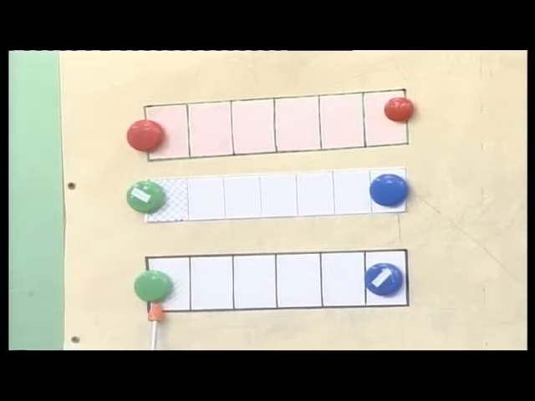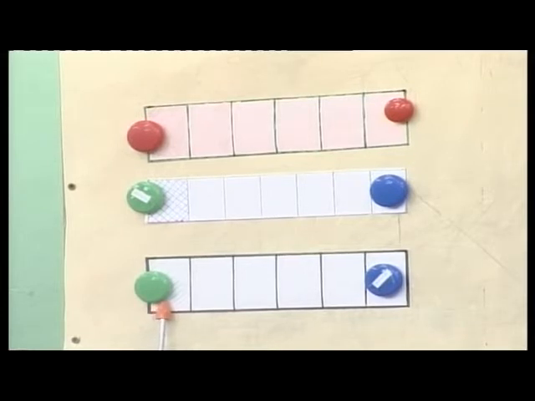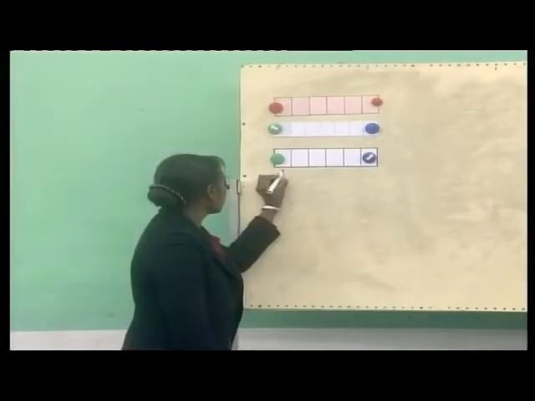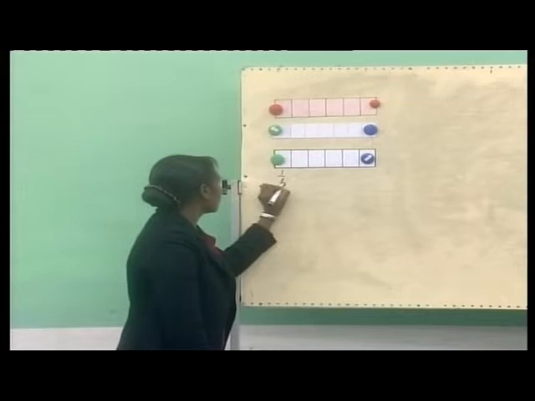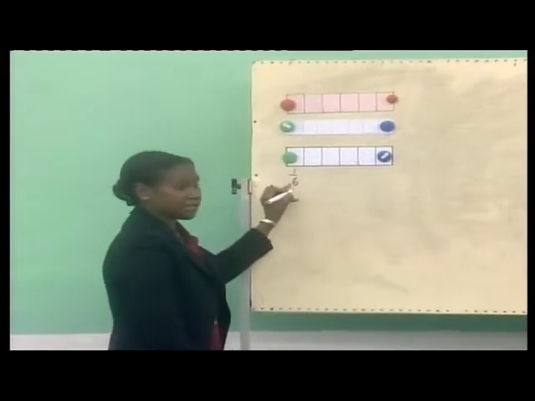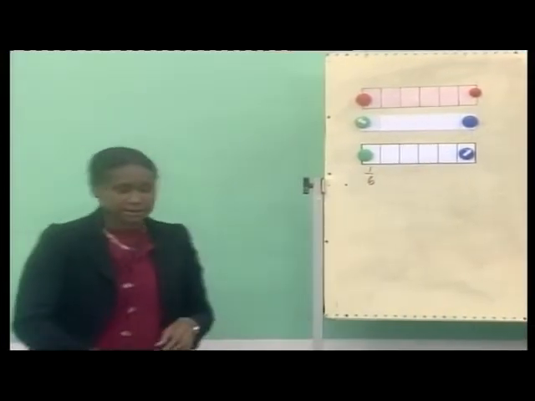This is what you should have done on your diagrams, shading one part of the 6, and it represents the fraction 1/6. I will just write this down below. Okay, each of these represent 1/6.